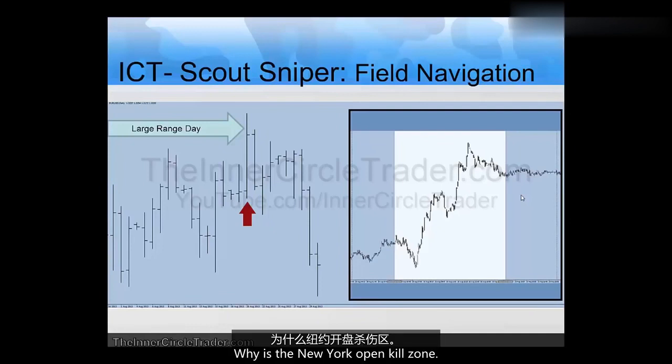Why is the New York Open kill zone so cool and so easy to trade? Because that market event, open outcry, is also involved in the daily range. Why 1800? Because at 2 o'clock in the afternoon New York time, the open outcry pit closes and they are gone for the day. You can see here that it is clearly illustrated.